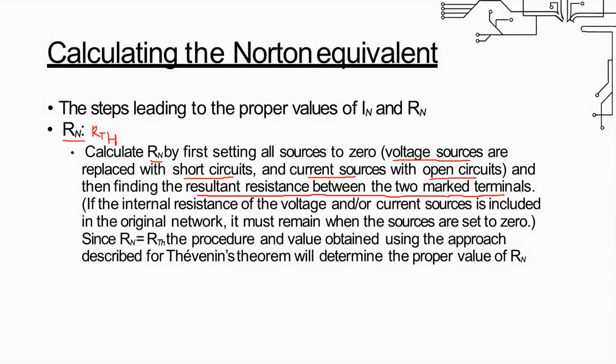Whatever terminals we have marked, whatever current we are finding between the two marks, we have to find out the resistance for the given circuit between those two terminals, two points. And whatever resistance we are getting, that is RN is equals to RTH.